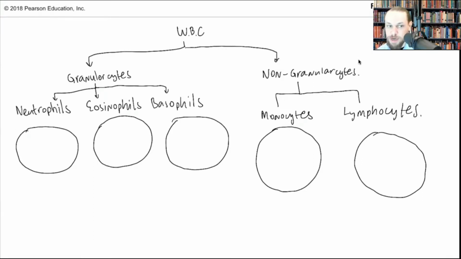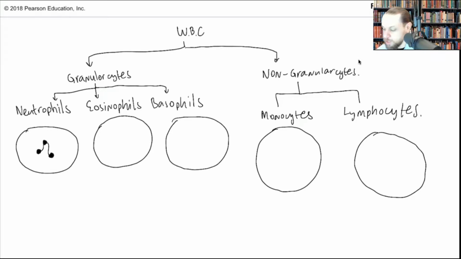So when you look at the microscope, what you're going to see in the neutrophils is that they're usually multilobated. Their nucleus has multiple lobes, so you'll see 2, 3, 4 or more. So they have a multilobated nucleus, which is usually the hallmark sign of a neutrophil.